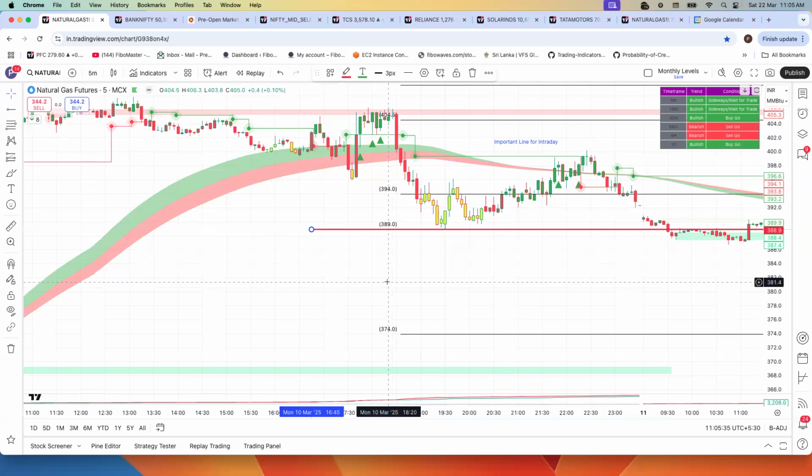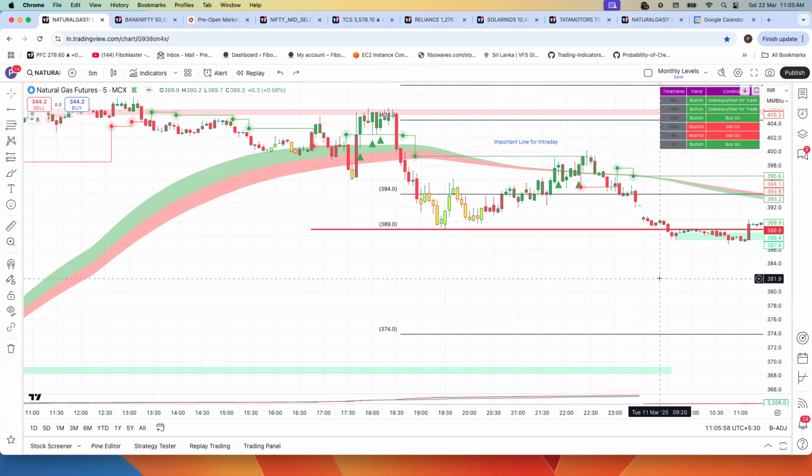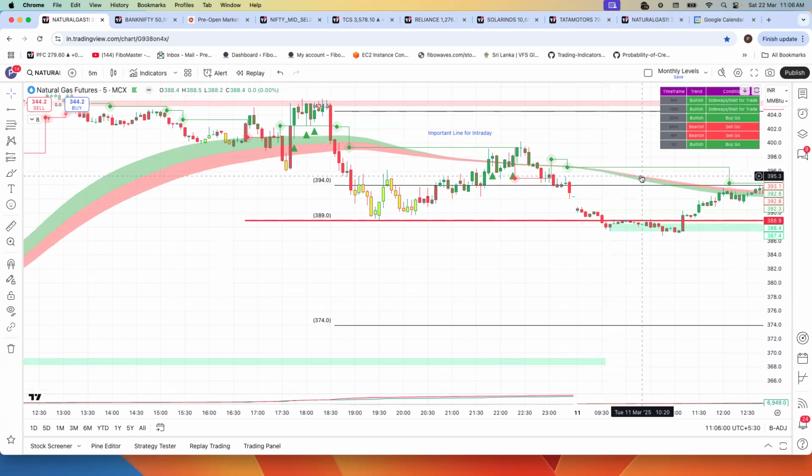Come on, guys. Green is on the top, sir. Green is on the top. That's the reason it did not cross below 389. So you have an entry here. And then still here, the cloud is not clear on which side I have to go. And then here, the trend got changed to red. Where? Here, it got changed to red, right?